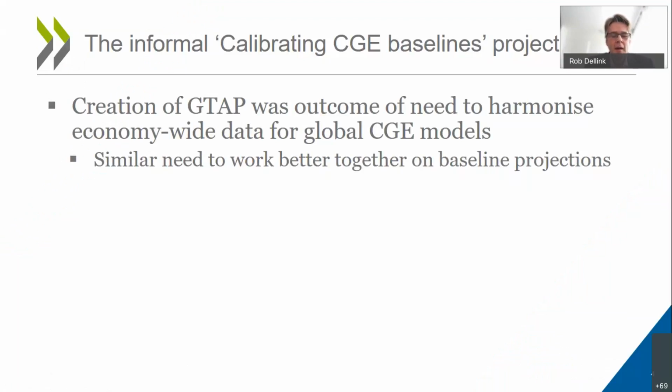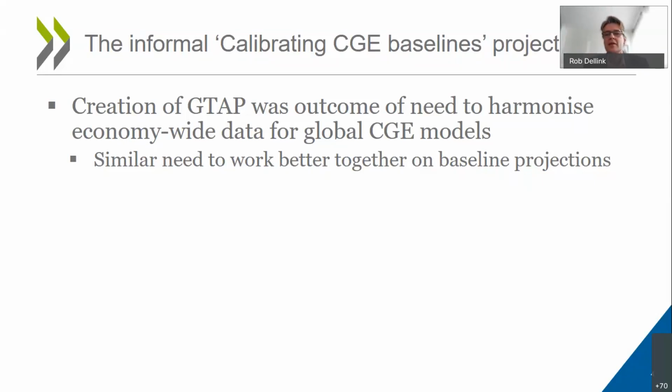This comes up with kind of an analogy of what happened when GTAP was created. GTAP was created out of the need for having more economy-wide data that can be shared between global CGE models. In the old times, everybody would build their own social accounting matrix, and they would all build their own data sets. And of course, that's very inefficient.